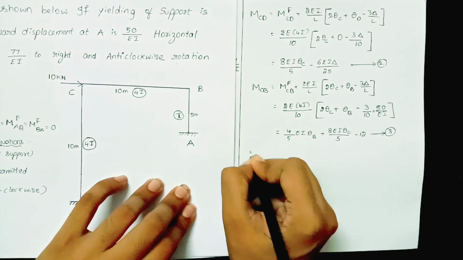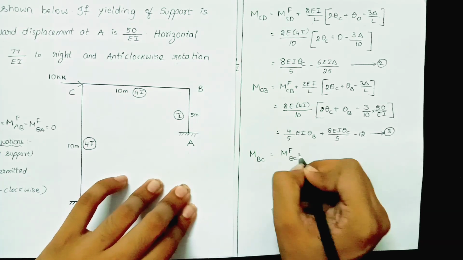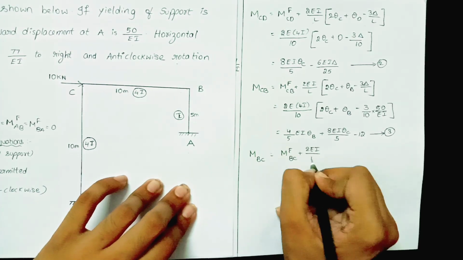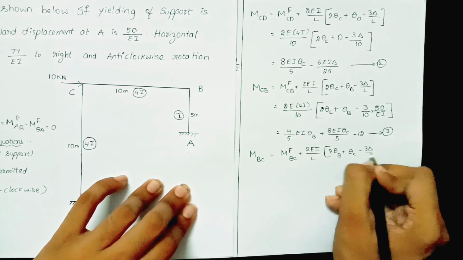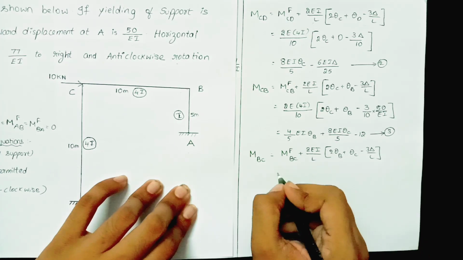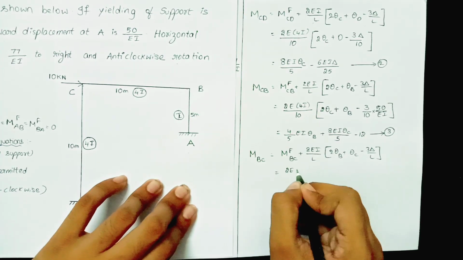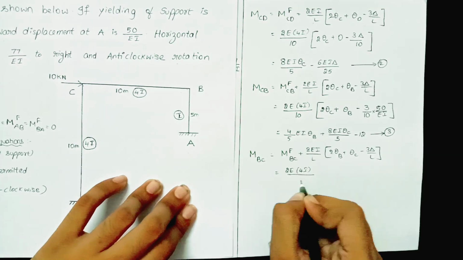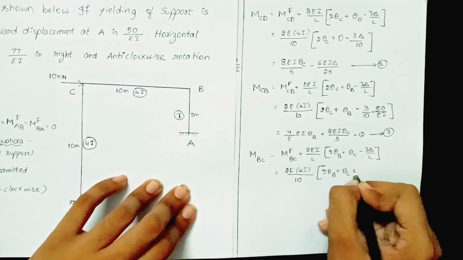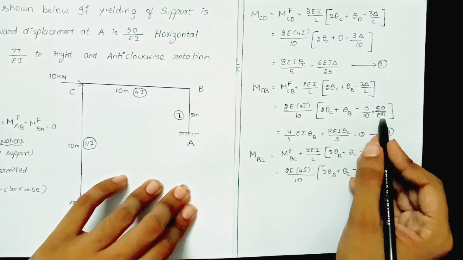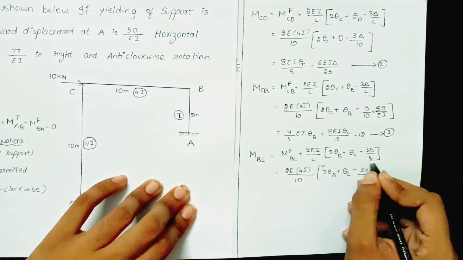Now similarly take member BC and write the slope deflection equation MFBC plus 2 EI by L into 2 theta B plus theta C minus 3 delta by L. So this is the slope deflection equation and fixed end moment is 0. 2E, the I value is given as 4I, the length is 10 meters, and 2 theta B plus theta C minus 3 into the same delta value placed here, 50 by EI, with the length 10 meters.